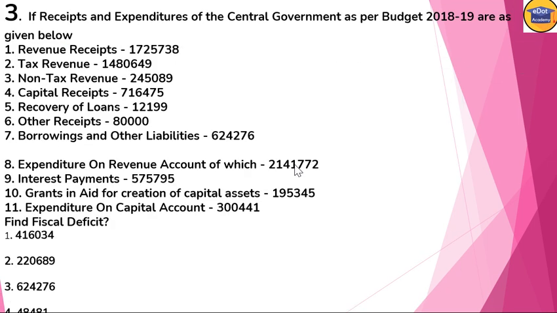Now question number three. Data is the same here, but you have to calculate fiscal deficit. For the shortcut of fiscal deficit, I already told you many times, fiscal deficit is always equal to borrowings. No need of calculation. You can do the calculation, but if borrowing is given here, just find out what the borrowing is. Borrowing is given as 6,24,276. So option C is correct here.